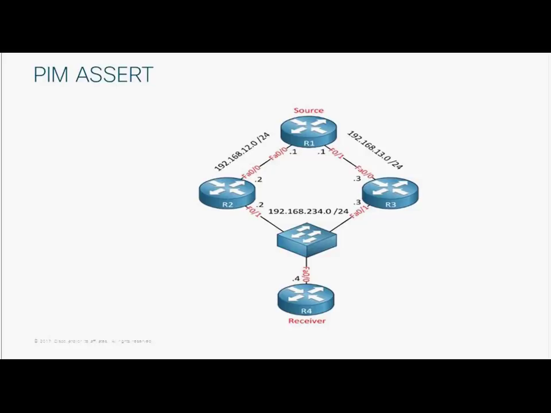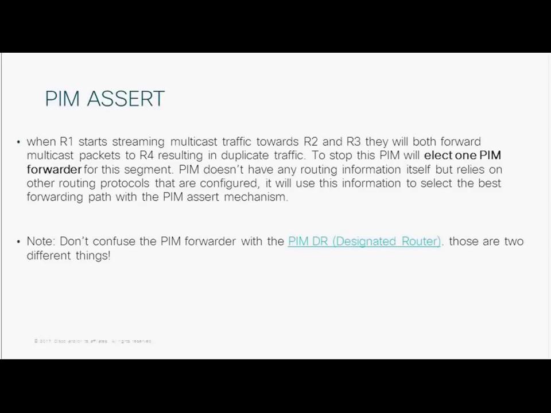If that's the case, we will decide based on the higher IP address, from the source perspective, in order to forward the traffic. That's the PIM assert mechanism. So PIM will decide to forward the traffic over the left or the right according to the metric in the routing protocol, but if the metric is the same, according to the higher IP address. That's the PIM assert mechanism.